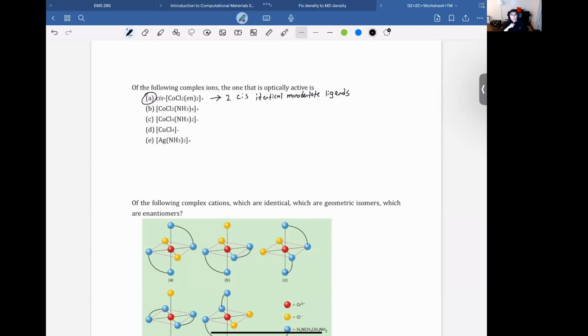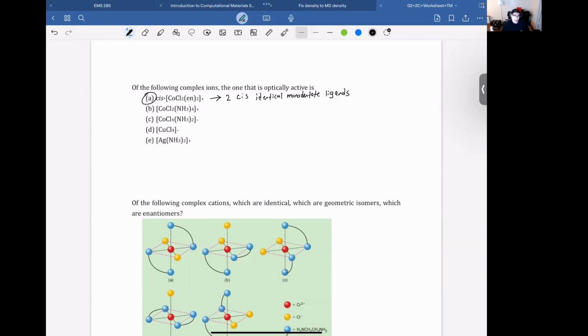For B, you have four identical ligands, you have four amine groups. Then you also have two identical ligands, the two chloro groups. However, we don't know what the positions are of these ligands.